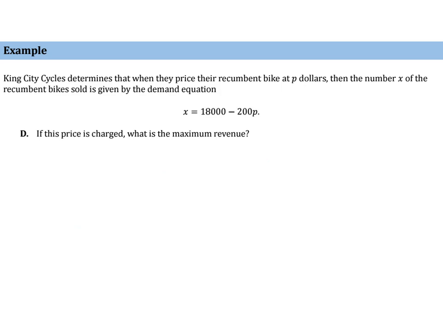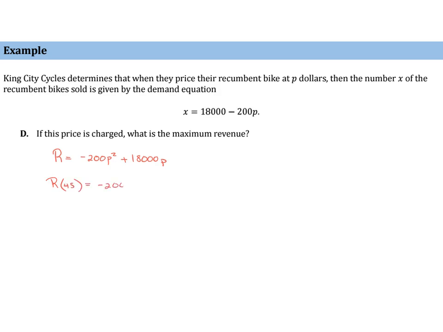If that price is charged, what's the maximum revenue? Well, we've already said that R equals negative 200p squared plus 18,000p. So let's evaluate R at 45.